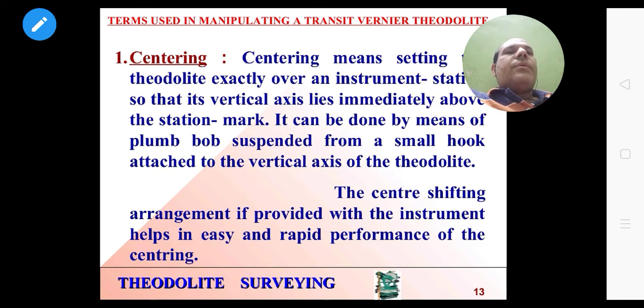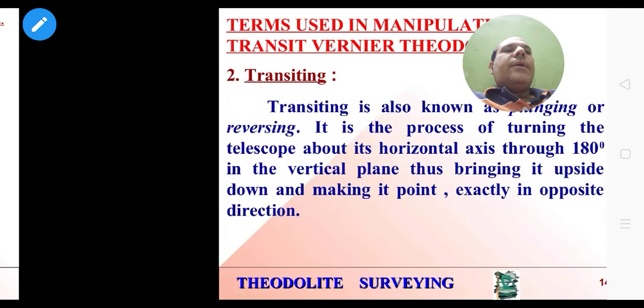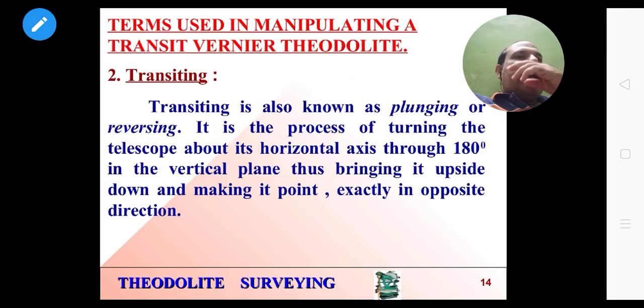That is, you have to exactly center the theodolite exactly over the station. Transiting, as we have seen earlier, means rotating the telescope about its horizontal axis in a vertical plane, which is called transiting the theodolite.